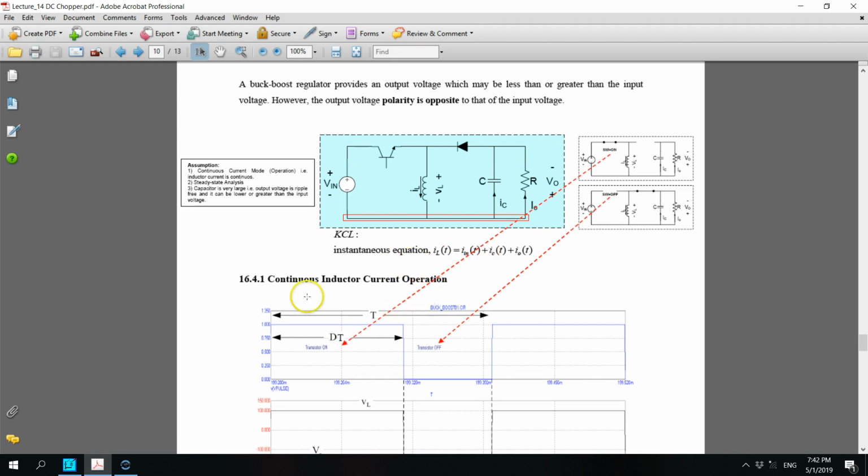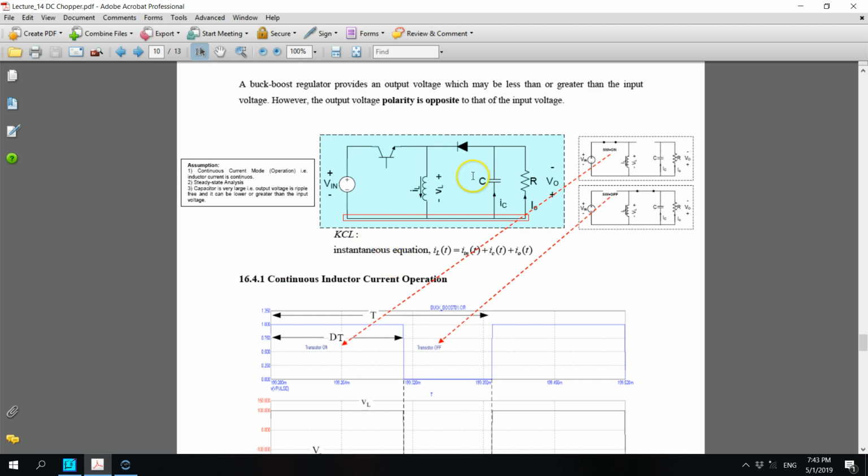This is the duration for the turn on, T on equals DT, then T off, the duration for the off time, and finally this is the period, depending on the switching frequency. This will be the period for the cycles.